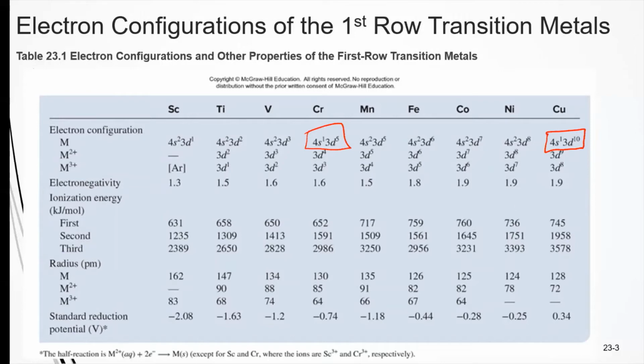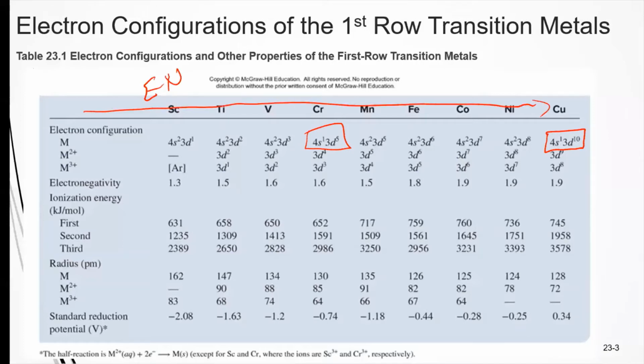Now, in general, when we fill our 3d, we fill from the left-hand side to the right, going up by one. So scandium has 3d1, titanium 3d2, vanadium 3d3, and so on. The electronegativity typically increases from left to right.